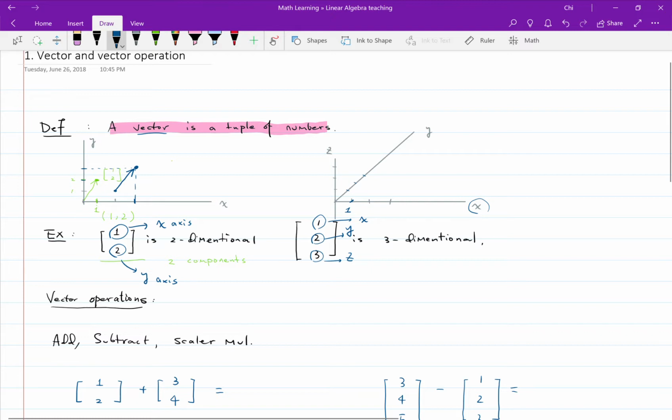And y here we see is 2. And so we go to find 2 units on the y-axis. So here it's 1, here is 2. So if we draw it now, it should be something like this, because it has to be parallel to the 2 axes.